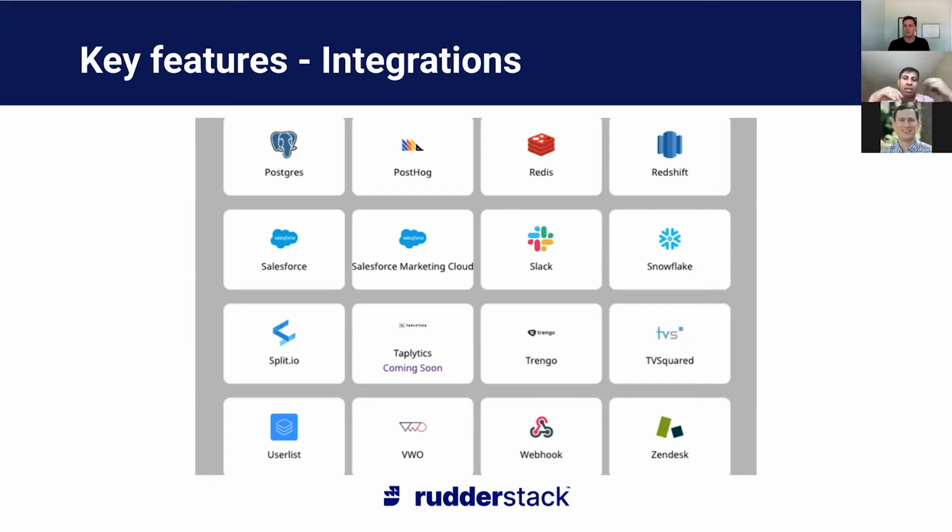Then you can send that data into a warehouse and build your machine learning models using BigQuery ML or whatever you like. Then you come up with some recommendations, and you want to sync those back to Redis. Again, instead of you having to run the pipeline, RudderStack can do that. It will keep that data in sync. And now you have a rich profile in Redis with the user profile and all the recommendations that you can now consume in your app.